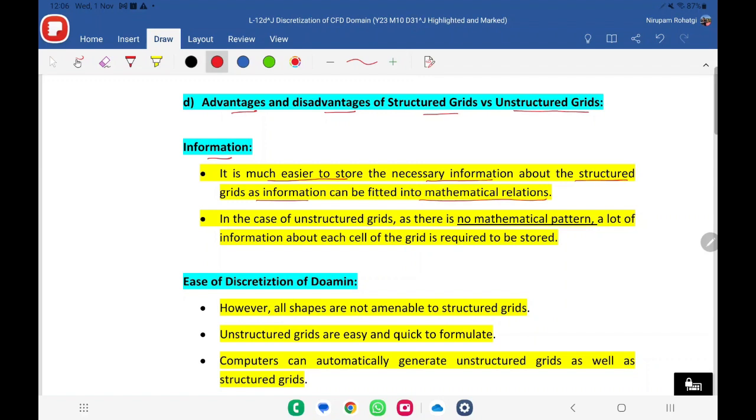Structure means there is a mathematical relation, and all the information can be put in the form of equations rather than in terms of values.